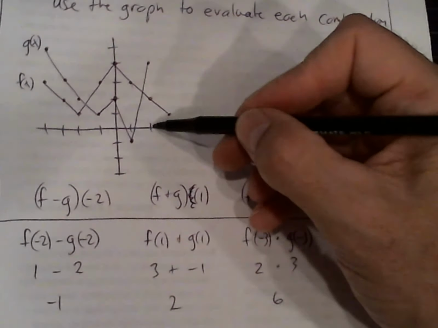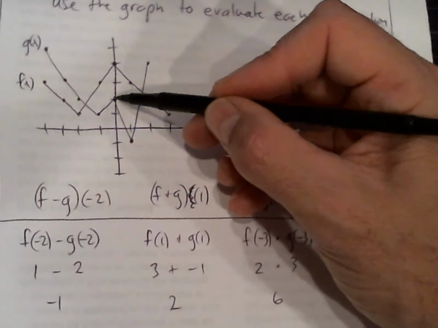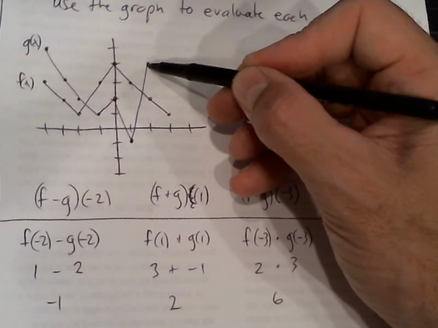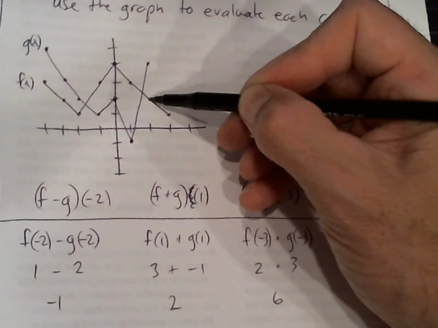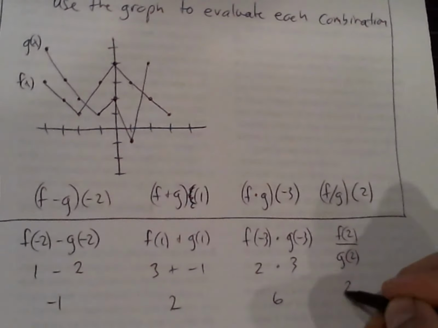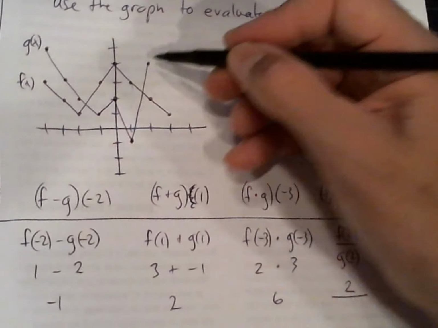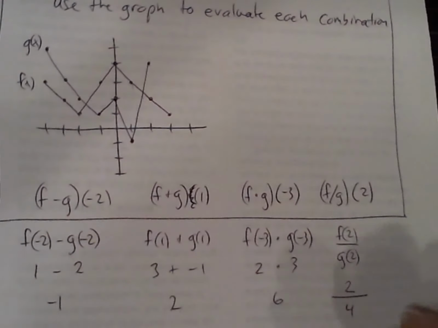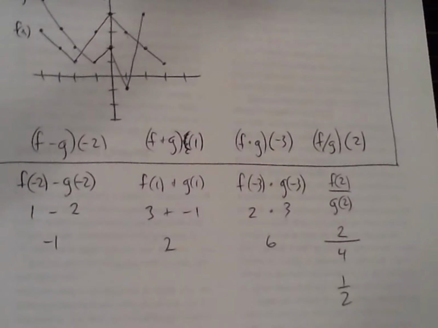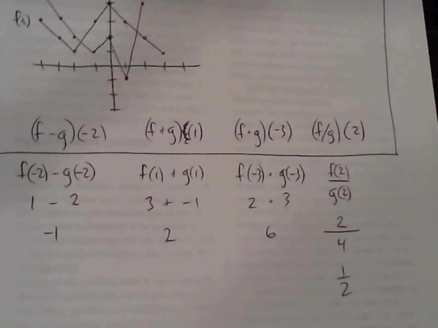F of 2 is 4. No, f of 2 is 2. And g of 2 is 4. So we get 1/2. All right, and that's the end.